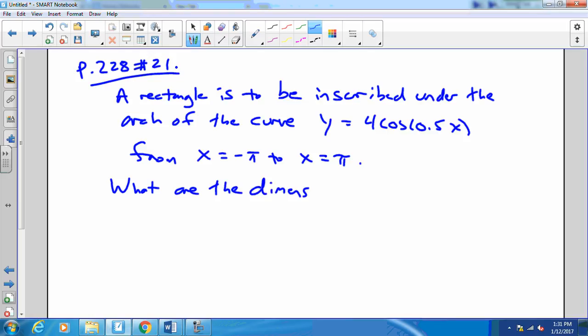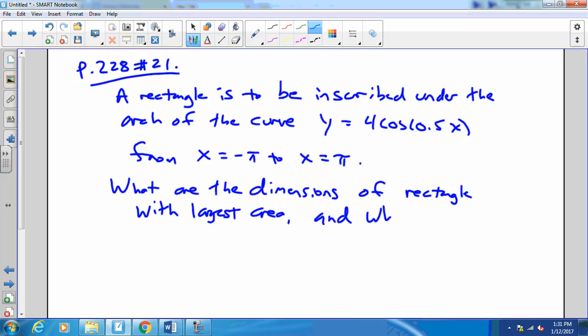What are the dimensions of the rectangle with largest area? And what is that area?